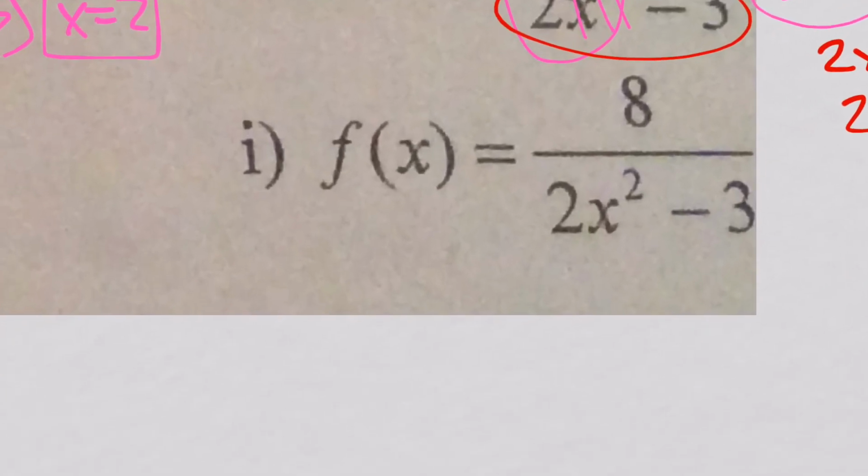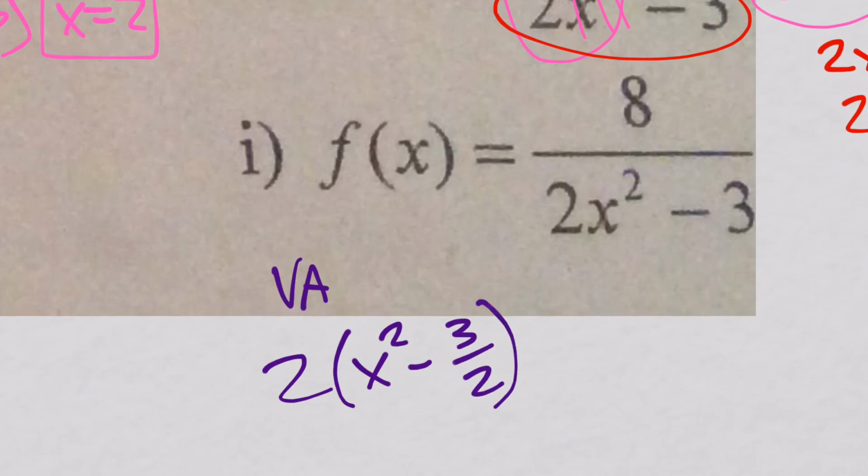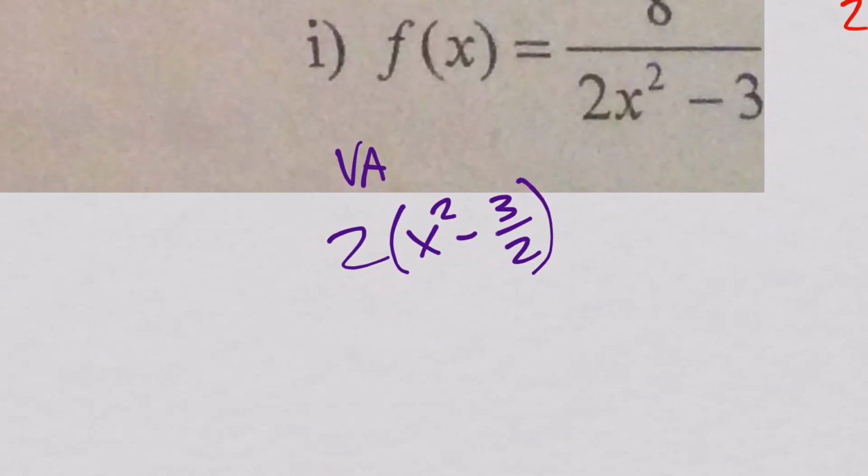And finally, the last one, 8 over 2x squared minus 3. So it will have a vertical asymptote when the denominator is equal to 0. So let's factor it. 2 times x squared minus 3 halves is what you would get if you pulled that 2 out. X squared minus 3 halves is a difference of squares, right?